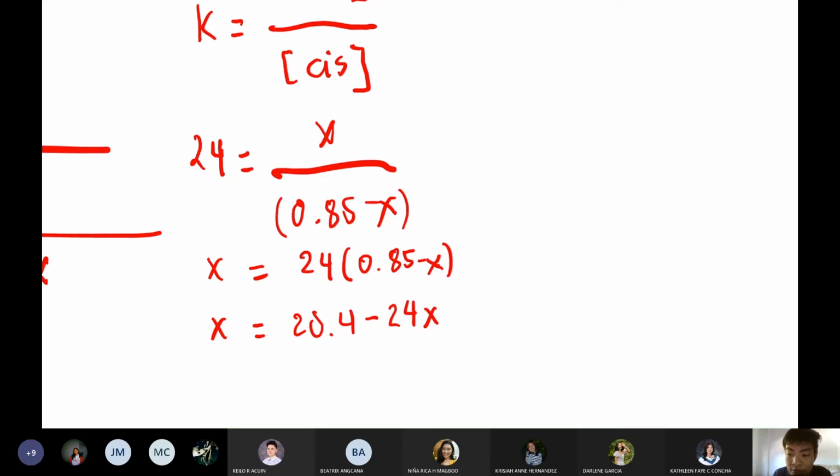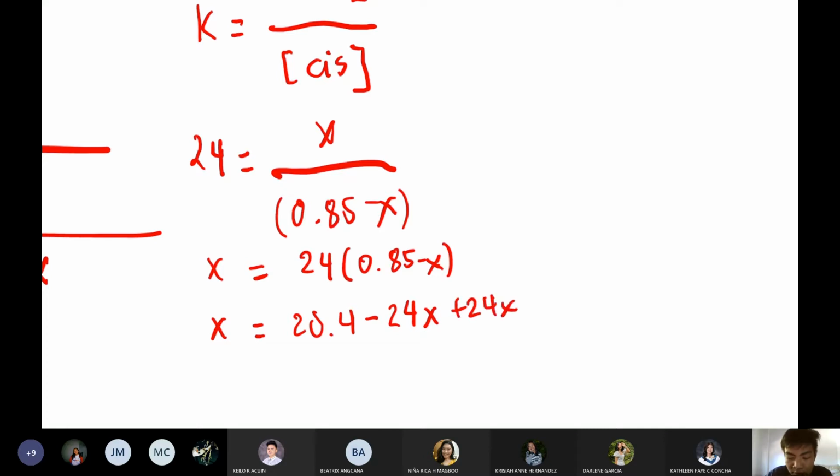You're going to combine all the x's and all the numerical coefficients only. We have 24x here on the right side, and you want to combine it with the x on the other side. So we're going to add 24x on both sides so that 24x will be cancelled on the right side.